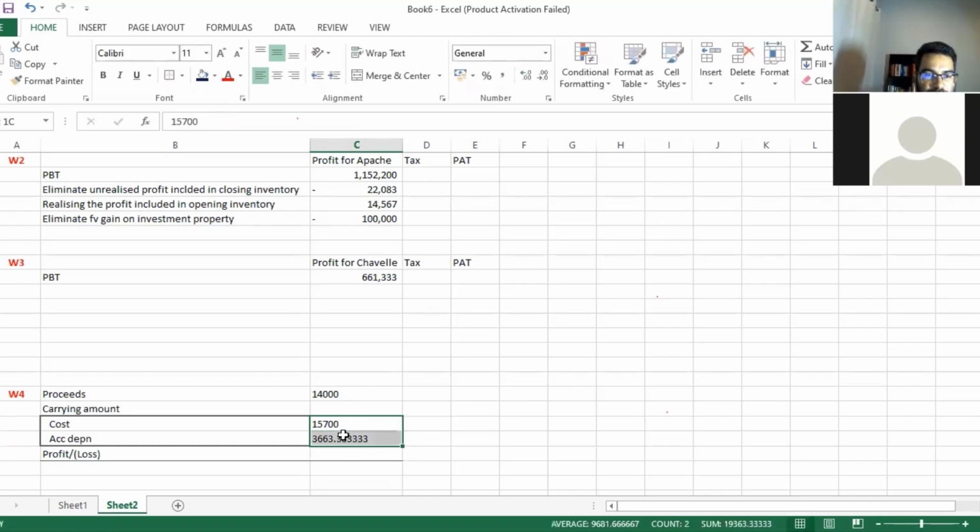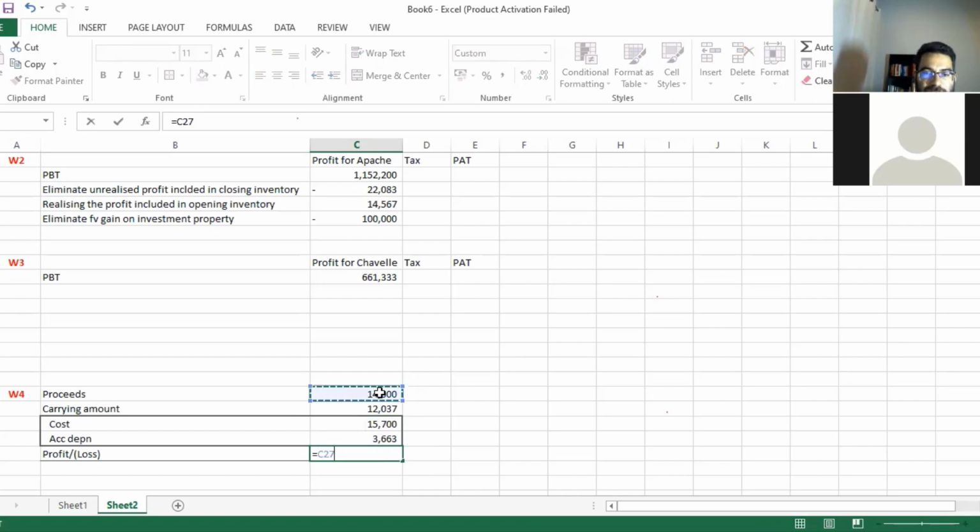So that is my accumulated depreciation. Cost price minus accumulated depreciation gives me a carrying amount of 12,000. I'm making a profit, of course, because my proceeds exceed my carrying amount. So I'm making a profit of 1963.